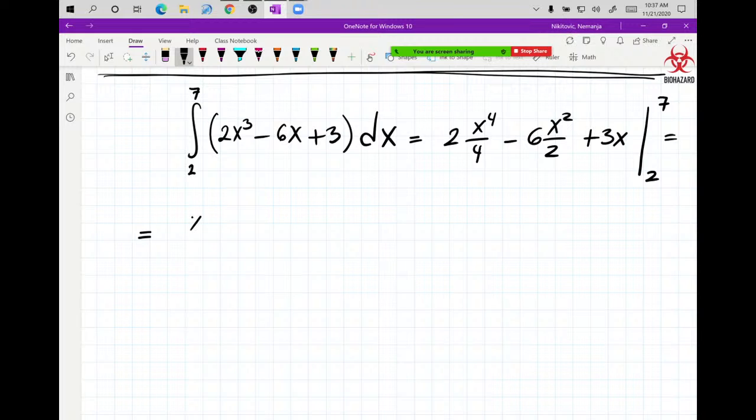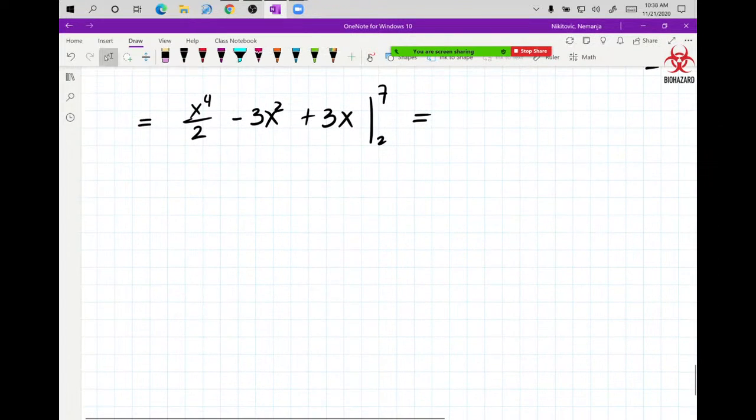So this becomes x to the 4 over 2 minus 3x squared plus 3x computed from 2 to 7. And the way you compute this is you go and you say f of 7 and f of 2.